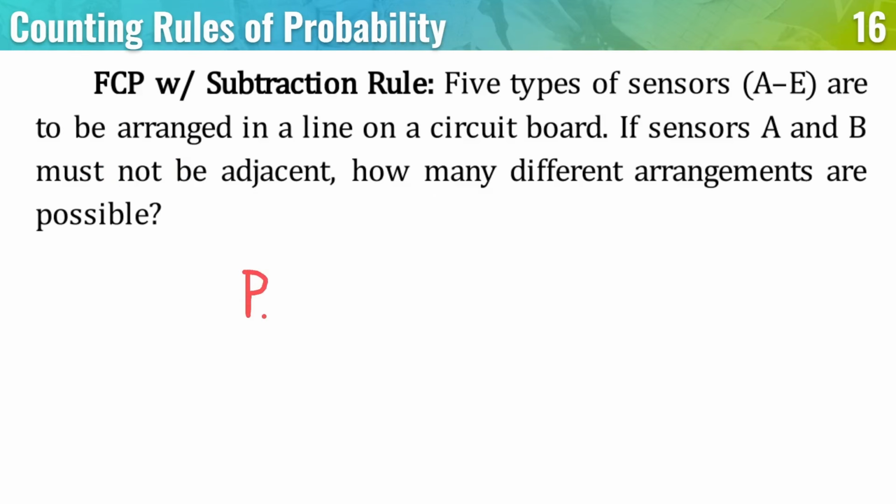So the number of events where they are not adjacent is equal to 1 minus the number of events where they are.